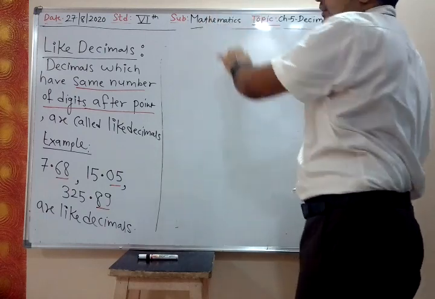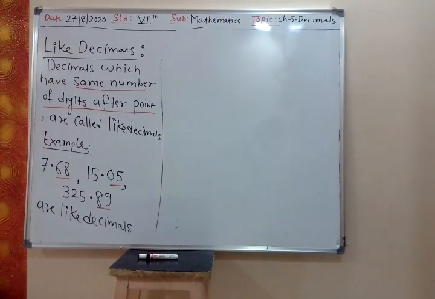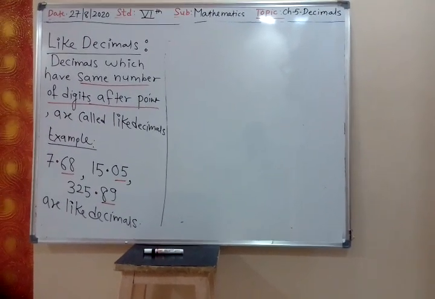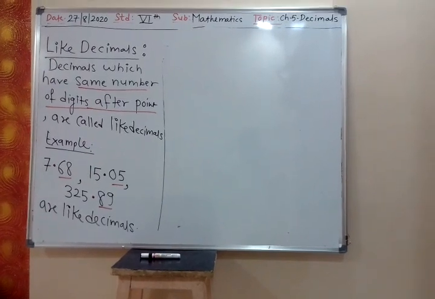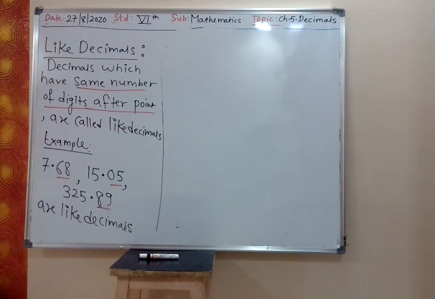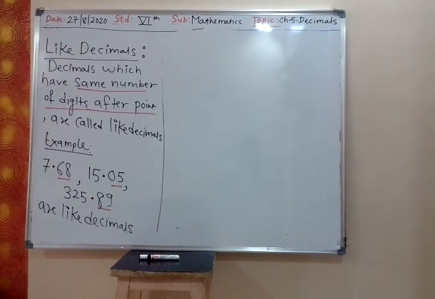If after the point the number of digits are the same, they are called like decimals.